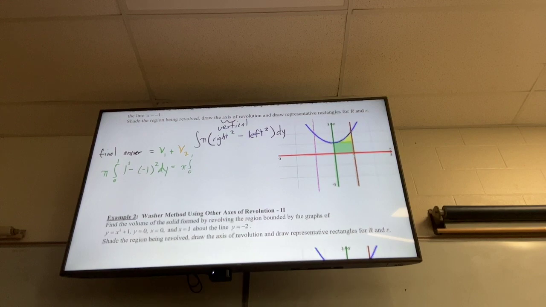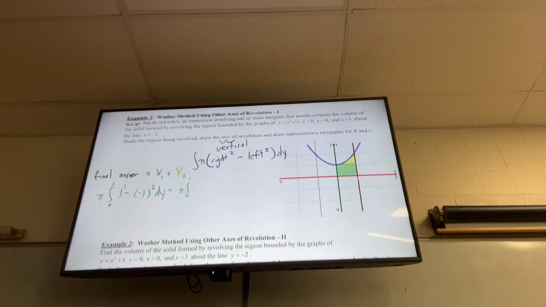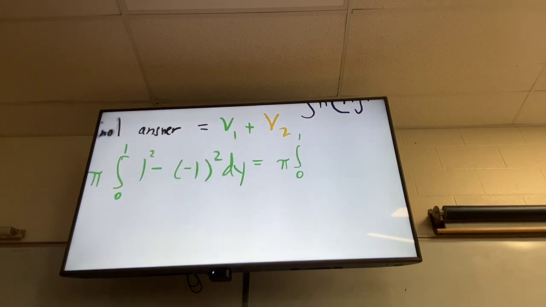Oh, I'm sorry. The one on the left is x equals 0, right? Yeah. Sorry. Should be minus. The answer key says -1 for some reason.